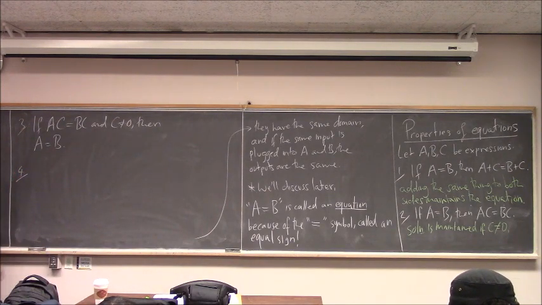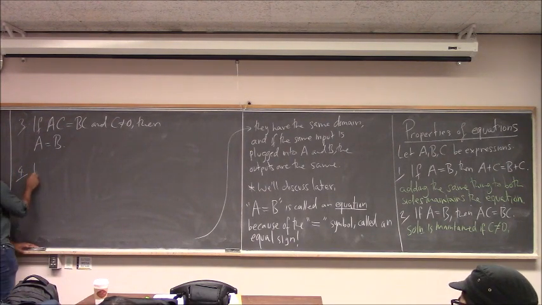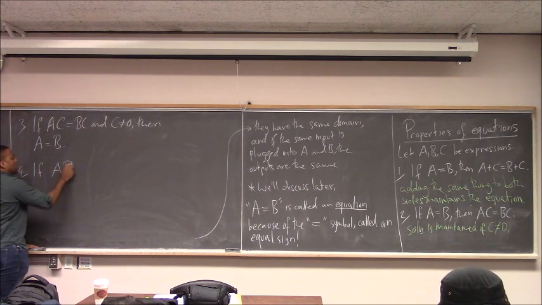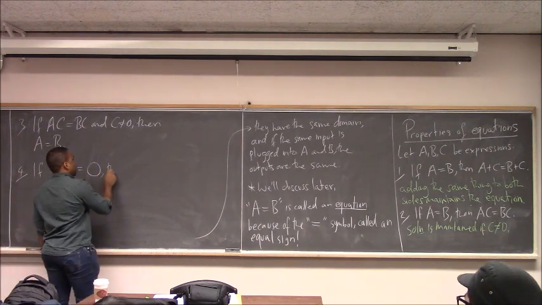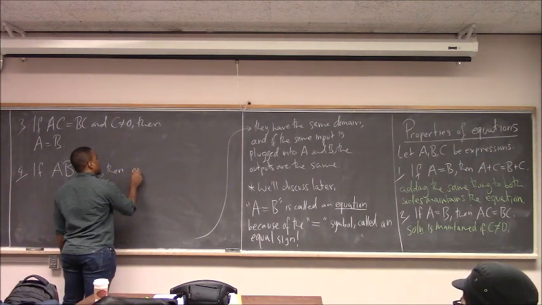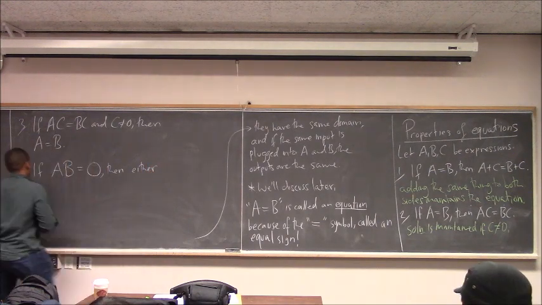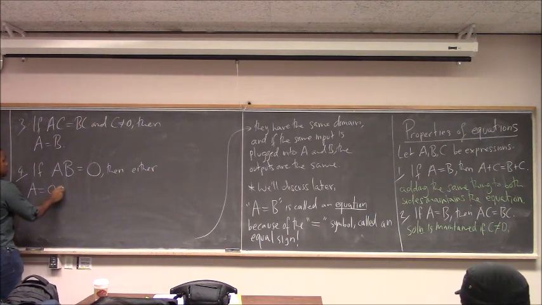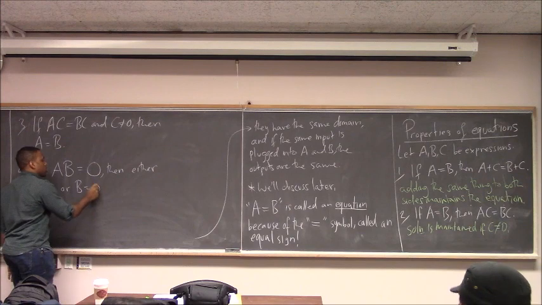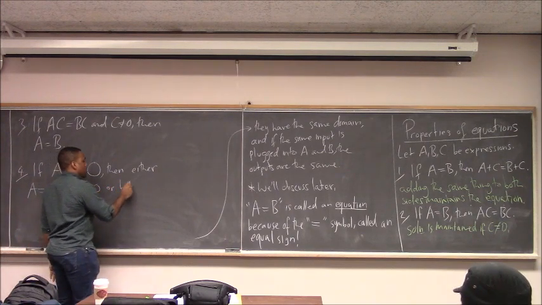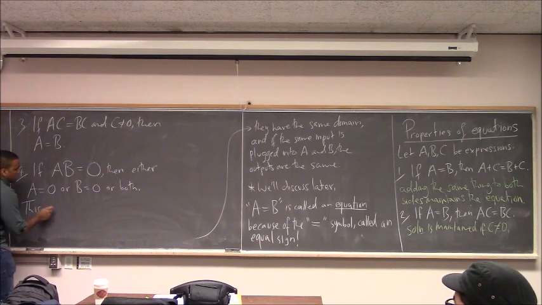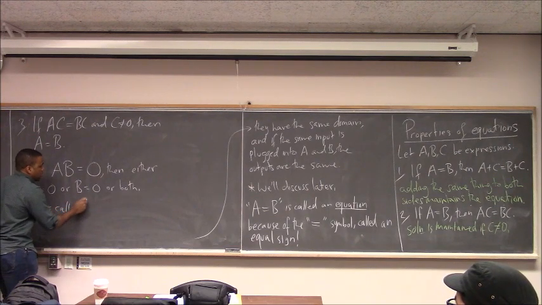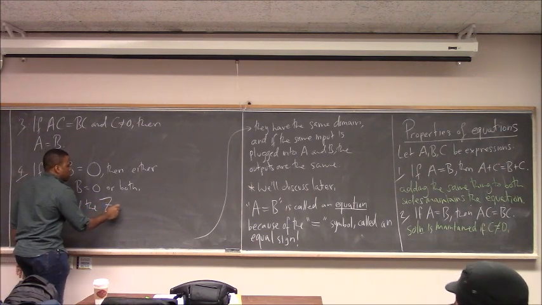Or, the fourth: if A times B is the same as 0, then either A equals 0 or B equals 0 or both. This is called the zero factor property.